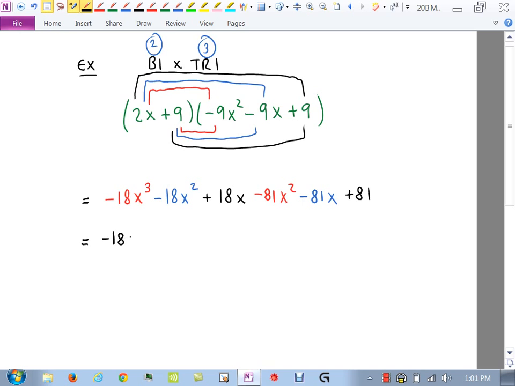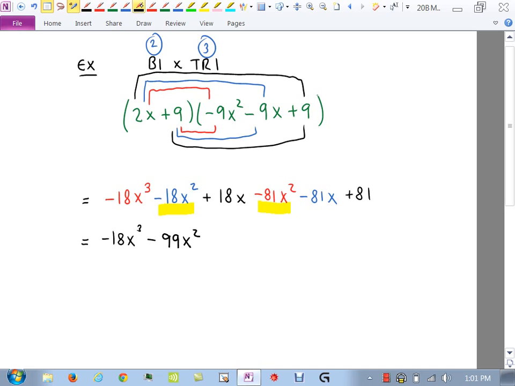I only have one x cubed term, negative 18 x cubed, but x squared terms, I have 2 of them, right? And I can combine those together by putting negative 18 and negative 81 together. That's negative 99. Negative 99 x squared.